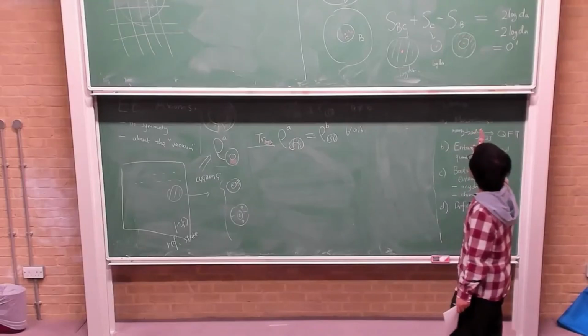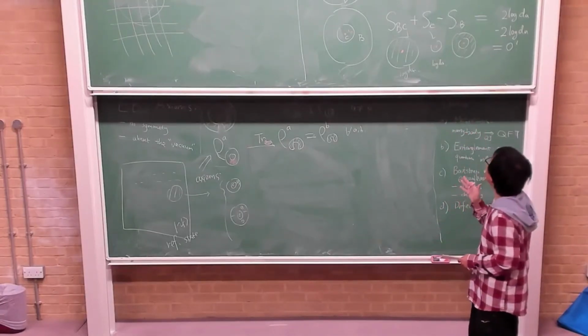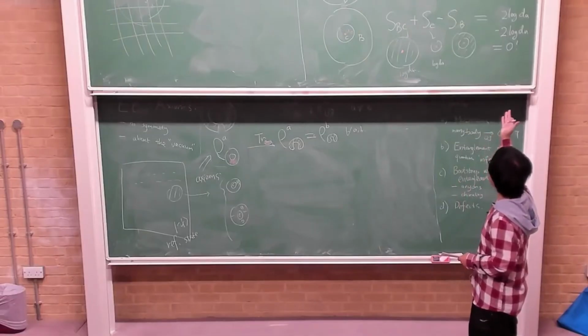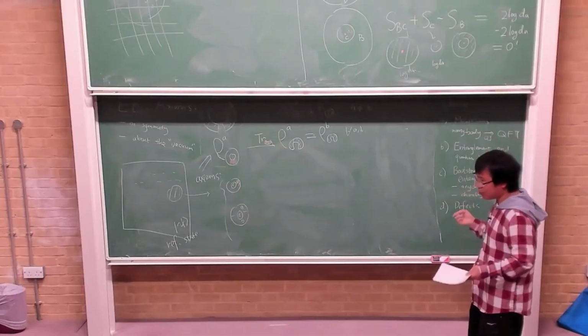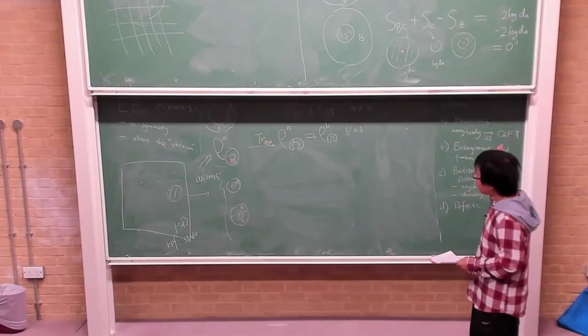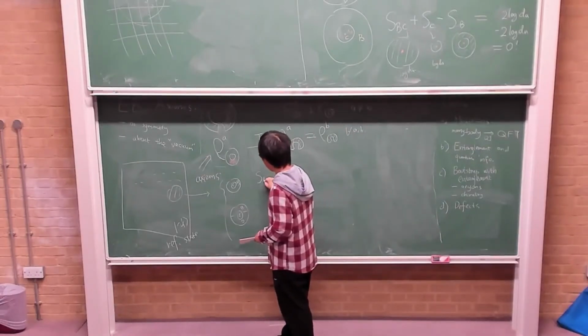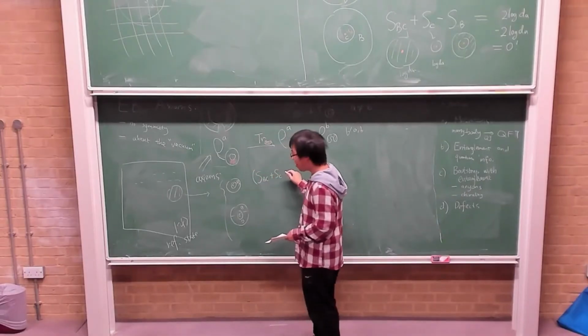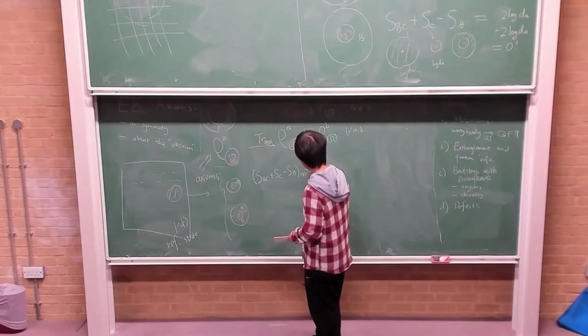I said if there are anions, or even some point-like topological defect, something interesting will happen. You get 2 log dA, which will be greater or equal to log 2 for non-abelian anions. But for the vacuum, you get 0.